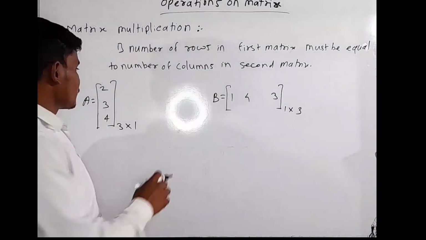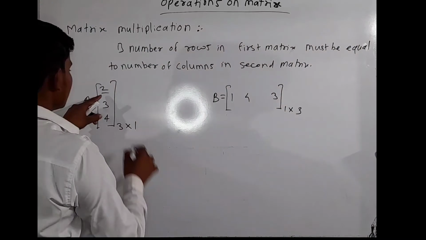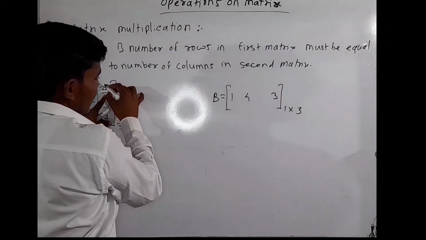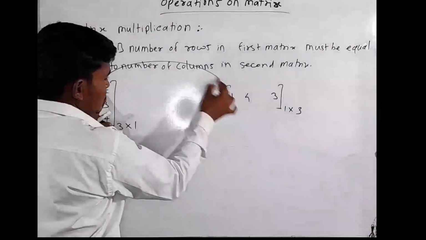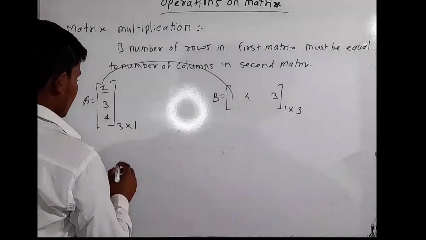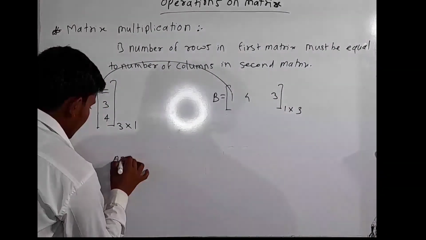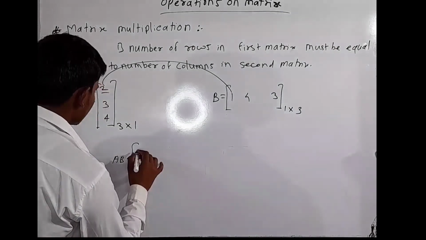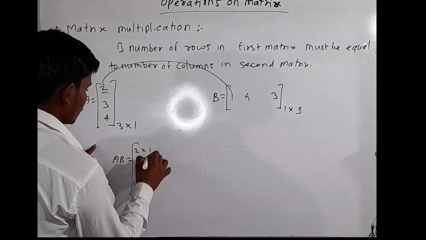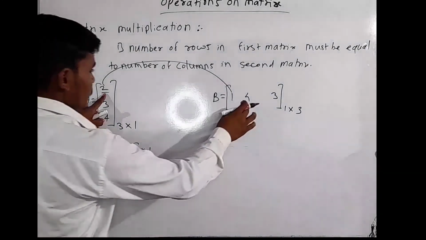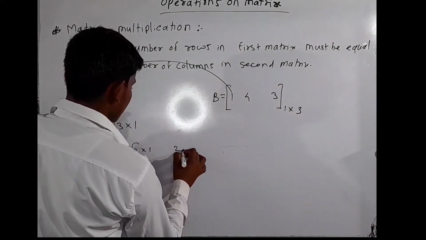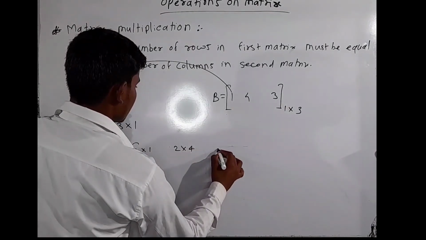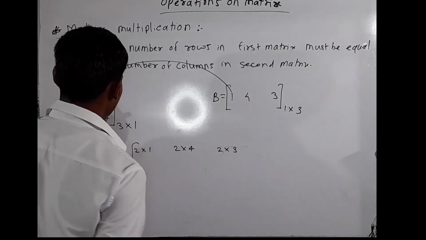On multiplying this, we multiply this element, A11, with this element like this. A into B equals 2 into 1, then 2 into 4, then 2 into 3.